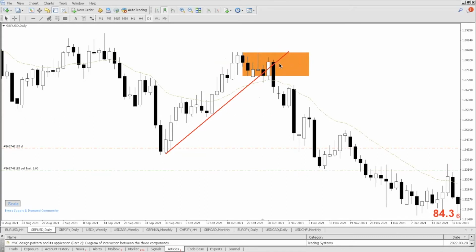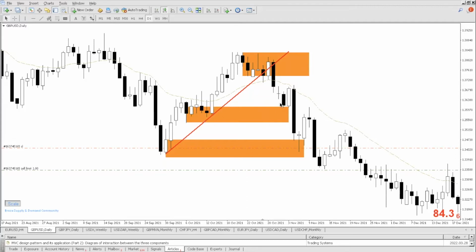Broke the trend line, set a limit order there if you are trading it, and price failed to touch this area, which is okay. It does happen a lot of times. When you look here, we have supply and demand number 1, and then demand number 2.